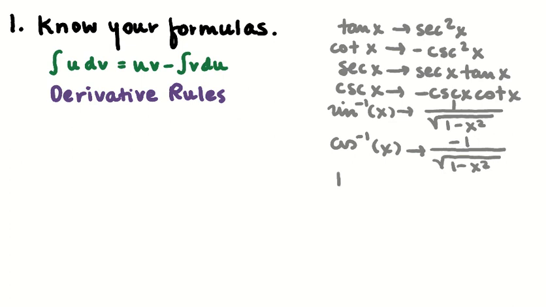Arc tangent is the easy one. That's 1 over 1 plus x squared. And that is a derivative rule that I feel like might just show up as an antiderivative question. There might be some sort of complete the square type thing in the denominator. And I'll have more information on this in just a little bit.